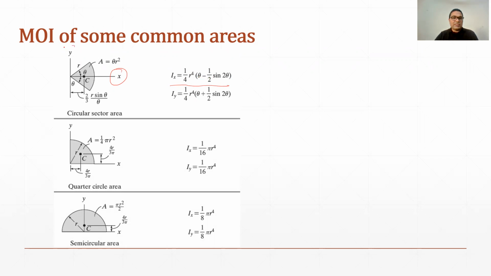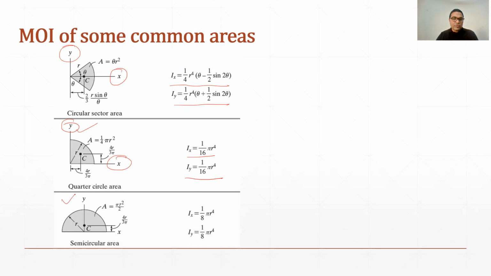Similarly, about the y-axis we can also find it out. So these are the relations of moment of inertia about the x-axis and y-axis. Similarly, for this quarter circle, the moment of inertia about the x-axis is 1 by 16 pi r to the power 4, and about the y-axis it is this one.